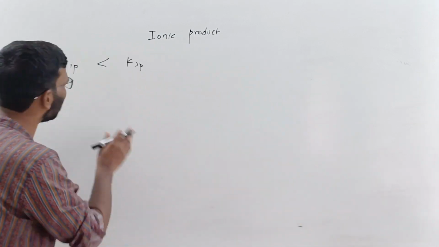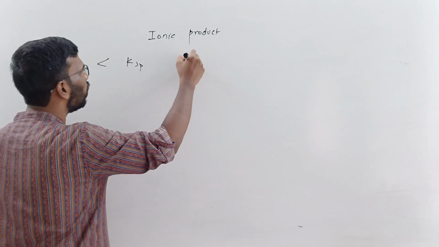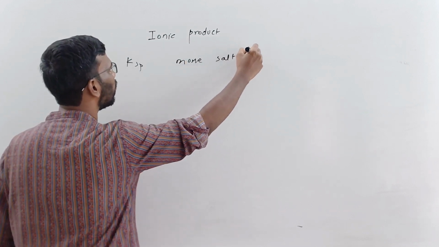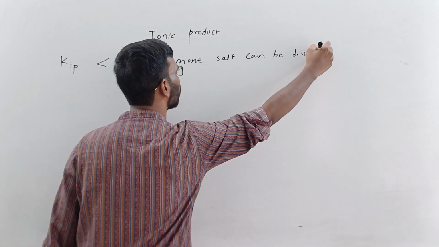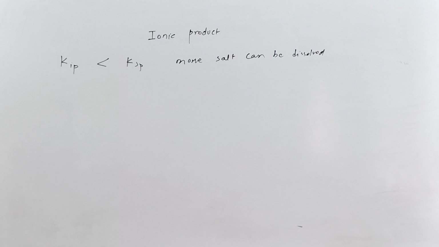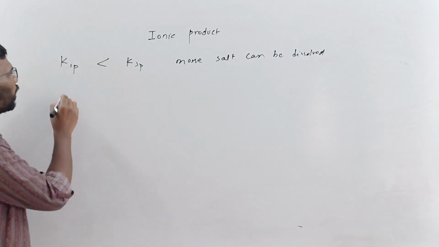When KIP is less than KSP, more salt can be dissolved.